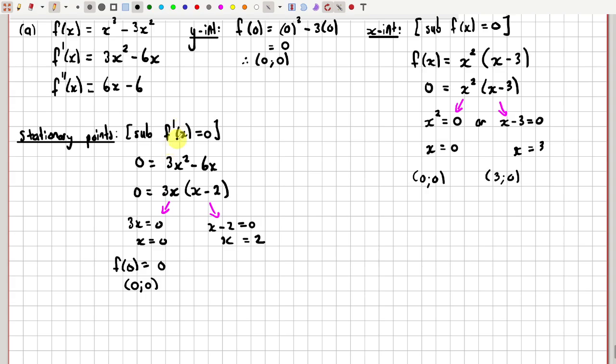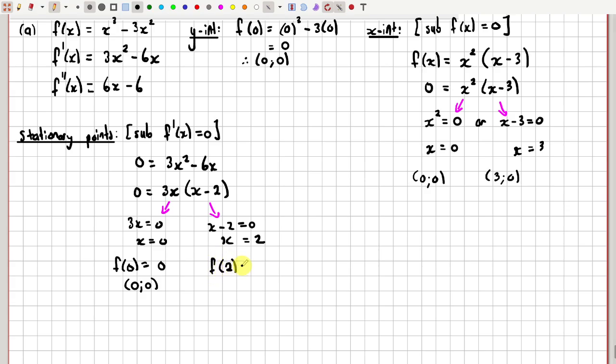And remember, our derivative is a gradient. So what we're calculating when we make our derivative equal to 0 is where the function f has a gradient of 0. So if I want to calculate what the x values are when the gradient is 2, we'll make the derivative equal to 2.